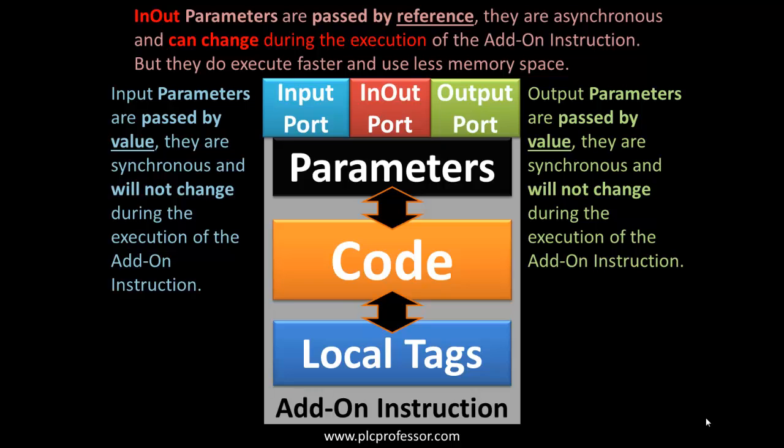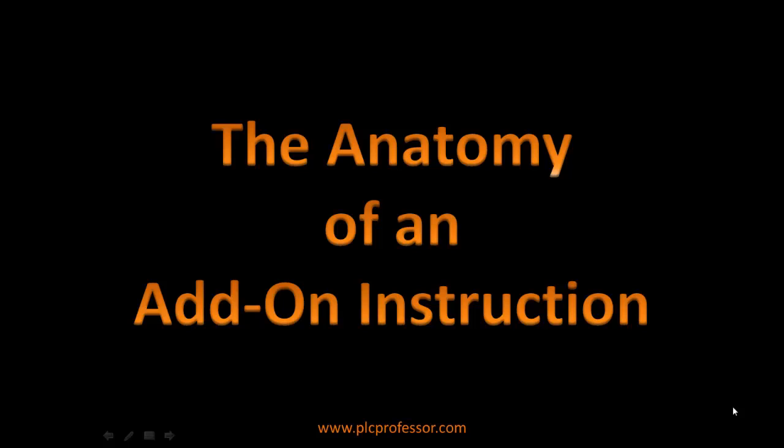That is one of the complaints about add-on instructions for programmers that have heavy memory usage, that the input and output parameters, which don't change during execution, actually use more memory and take more time to execute.